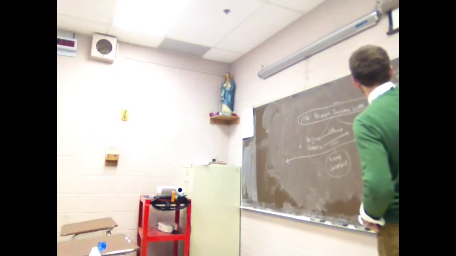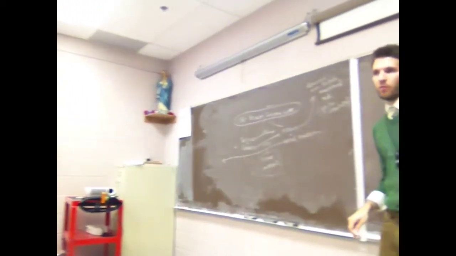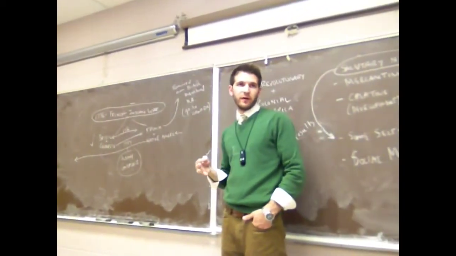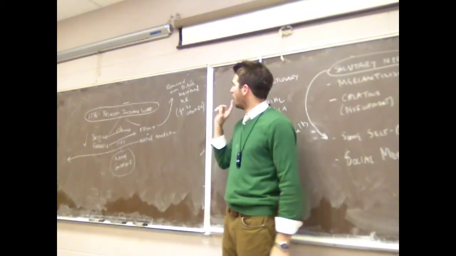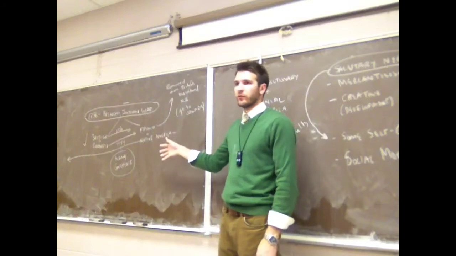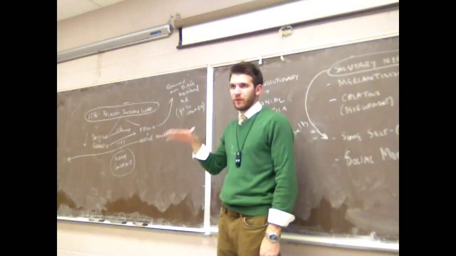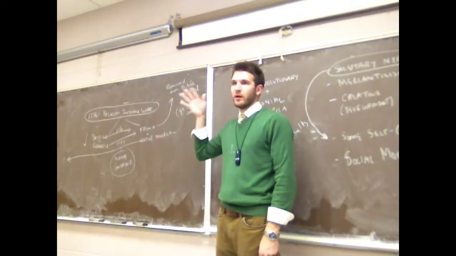So that's one effect. A second effect that's important is that this starts the development of tensions between the British and the colonists. French and Indian War goes till 1763, right? 56 to 63, 7 years.